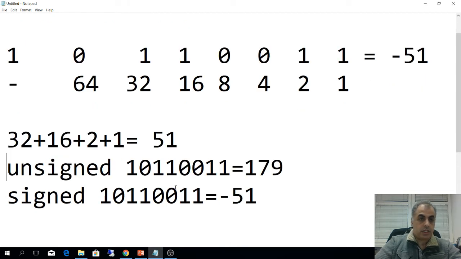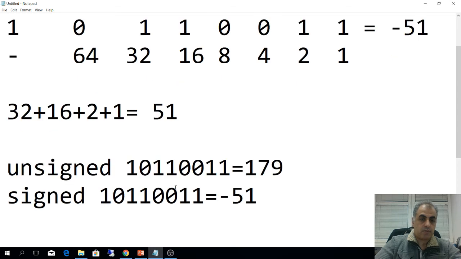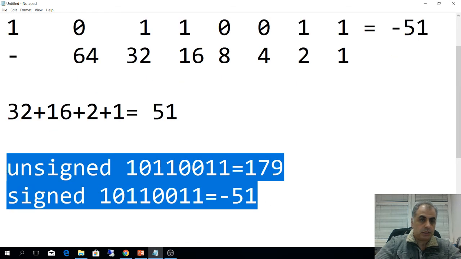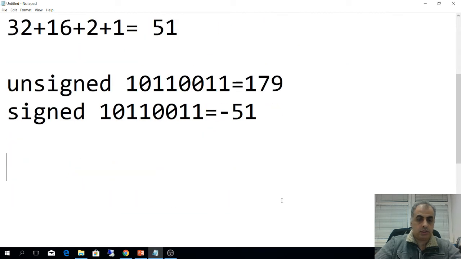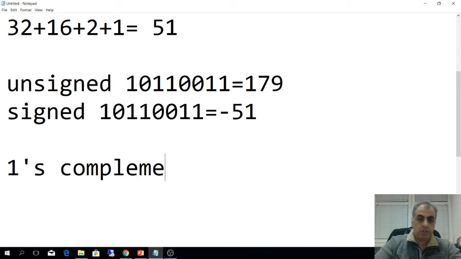So unsigned and signed numbers are calculated like this. Now when we talk about the second version of signed numbers, ones complement, we have to know it.